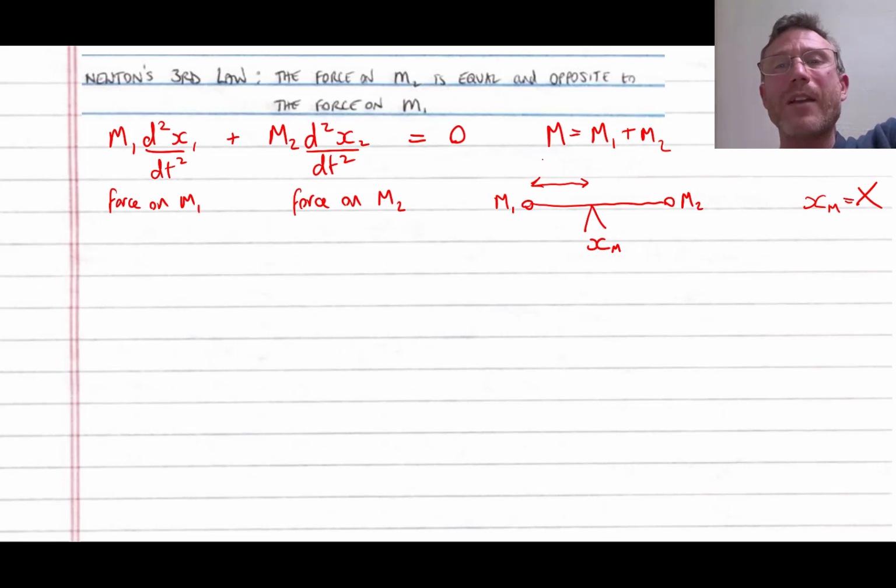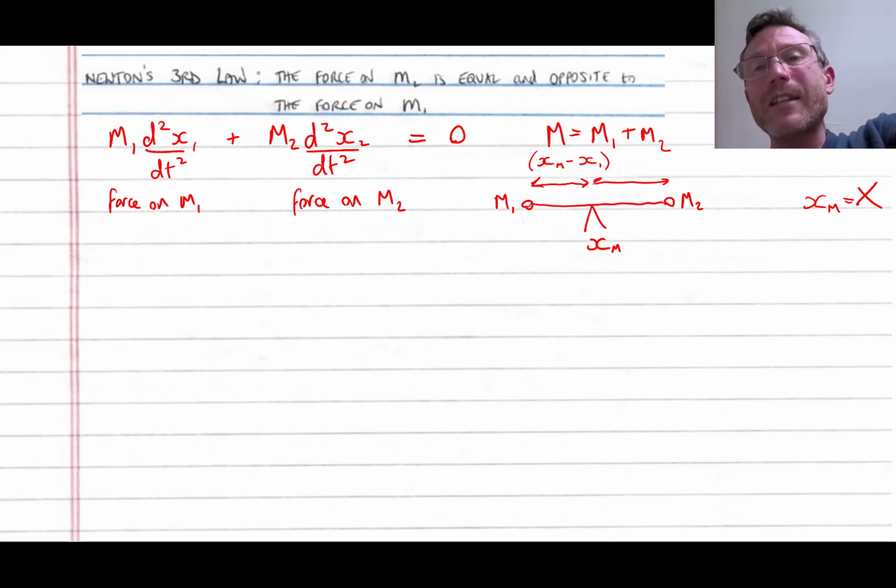This position here is x sub m minus x sub 1. Remember, the position of mass m1 is x sub 1, right? And the center of mass isn't necessarily in the middle, okay? But it's these distances that are important. So this distance here, for example, is going to be equal to, what would you say, x2 minus x sub m, okay?